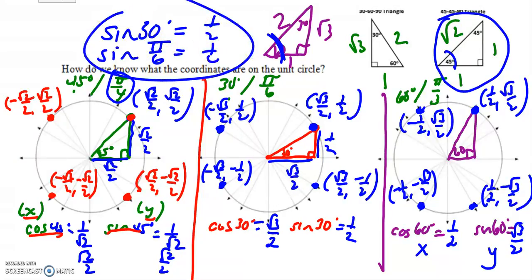Because if you know that sine of 30 is 1/2, or in other words, in radians, sine of pi over 6 is 1/2, then in this triangle, for instance, you automatically know that the y value is 1/2, which means that the y value would be 1/2 in every single situation. So if you're willing to memorize this, it'll help you with both of these cases.